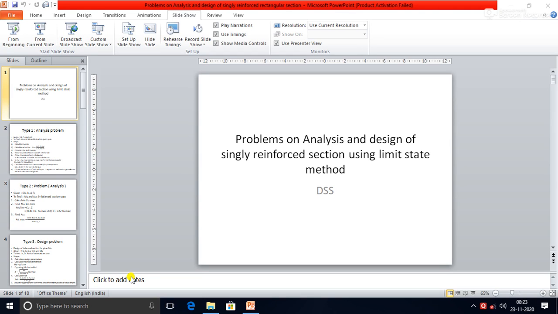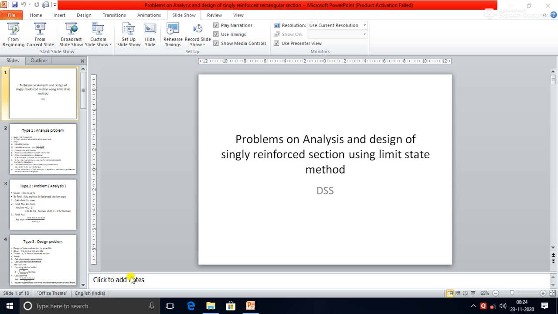Good morning, friends. In the last lecture, we saw the analysis of a singly reinforced section. In that, we saw the types of limit state. There are three types of limit state: limit state of collapse, limit state of serviceability, and limit state of durability.